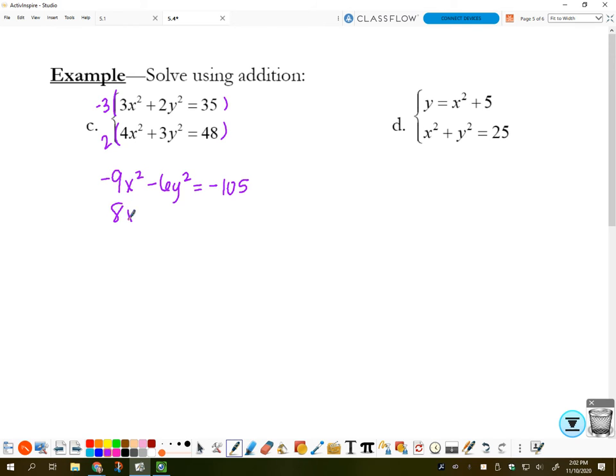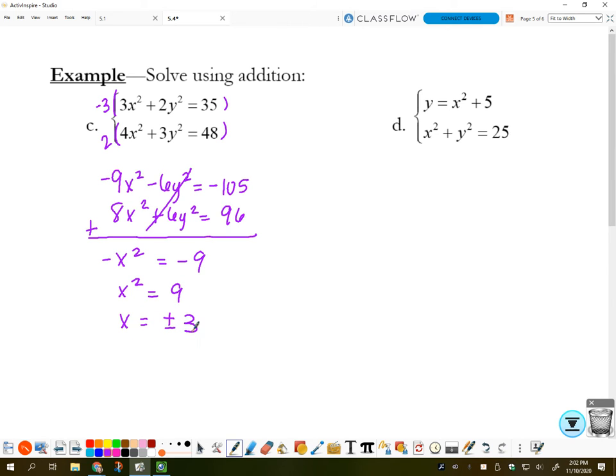All right, so this is 8 and 6 and 56. Clearly not 56. Jeez Louise. 96, sorry. All right, so we get -x squared, y squareds cancel, equals -9. So x squared is +9. Take the square root of both sides and you get positive or -3.